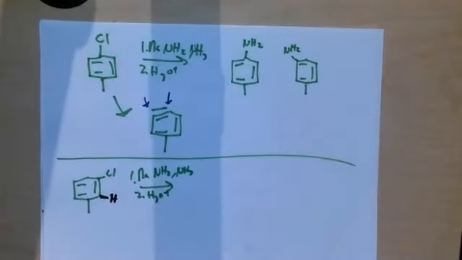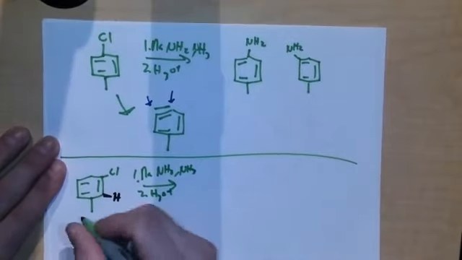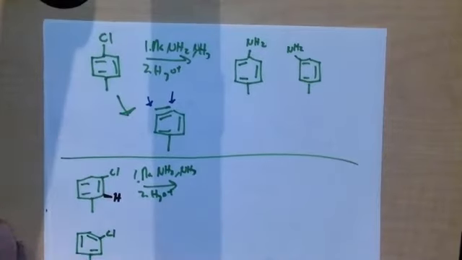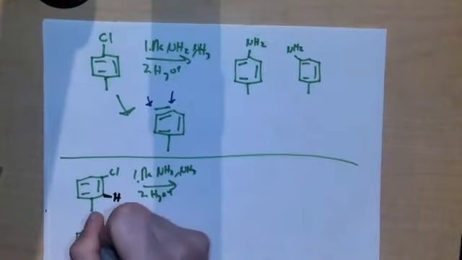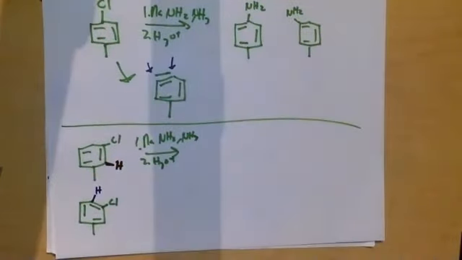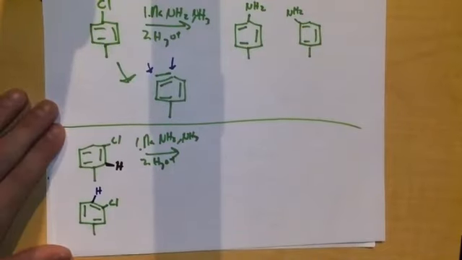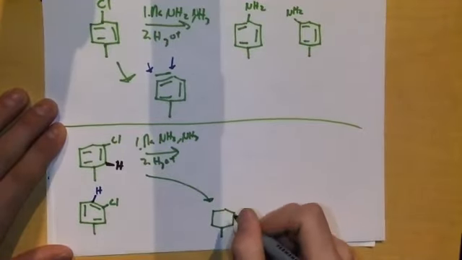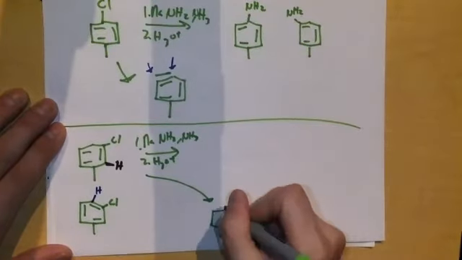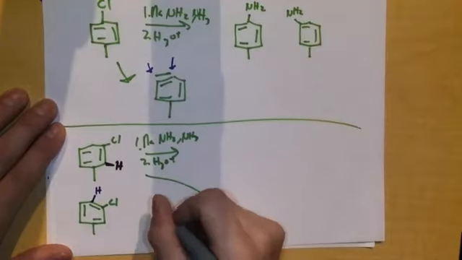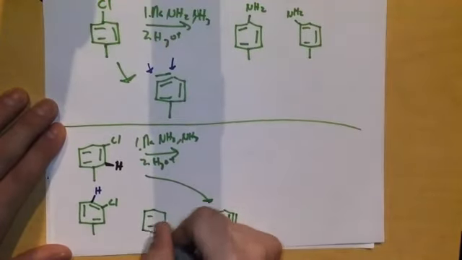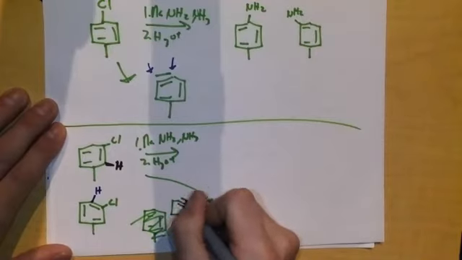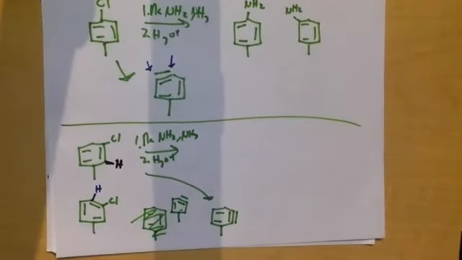Okay, so if we have it in the meta position, we could eliminate this H here, but we could also have the other resonance structure, where we have the H on the other side of it. So these both can lead to two different triple bonds, which are going to be these two.